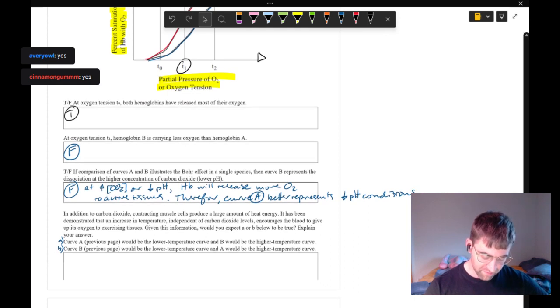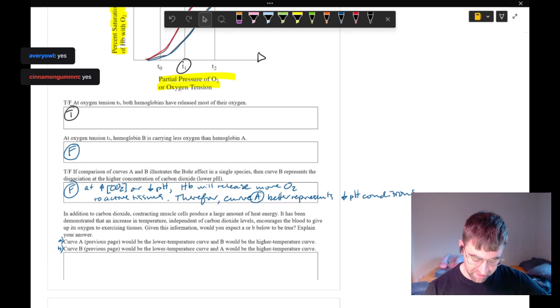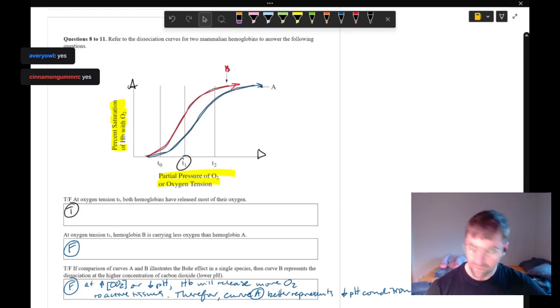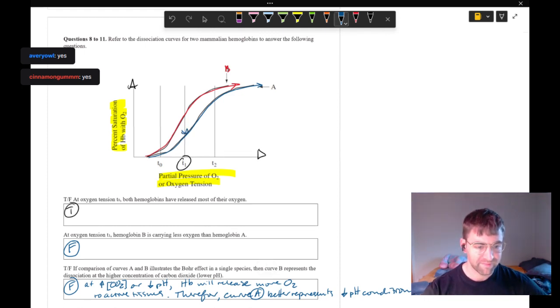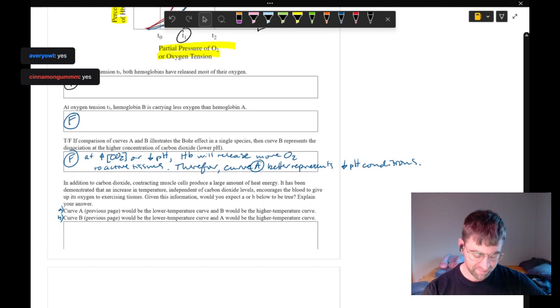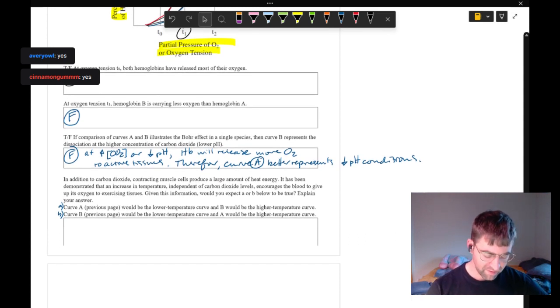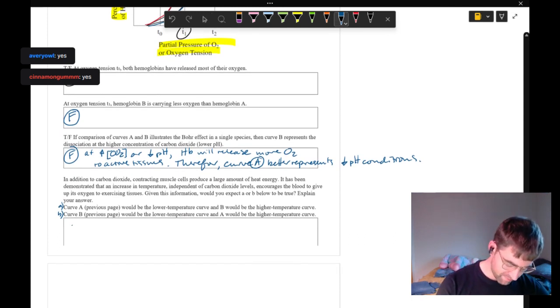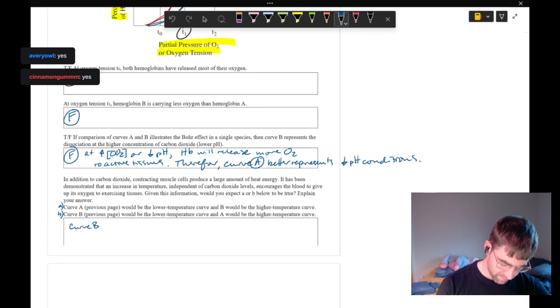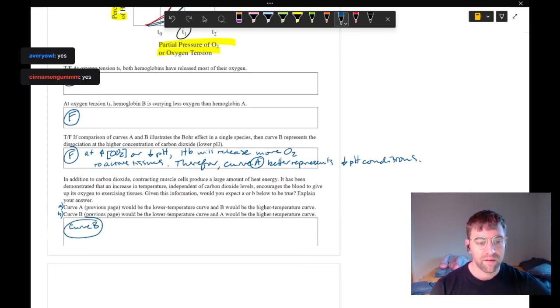If an increase in temperature encourages blood to give up its oxygen, which one has lower oxygen at the same time? Curve B would be correct.